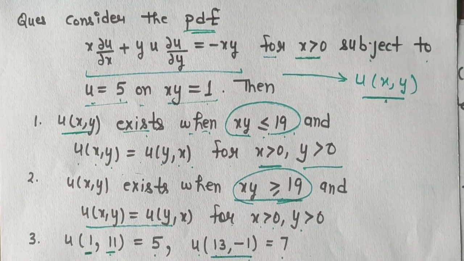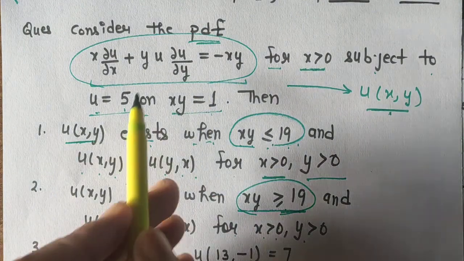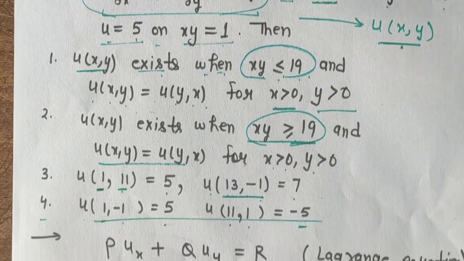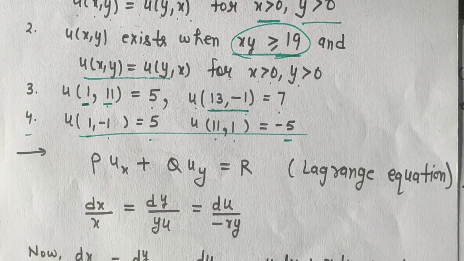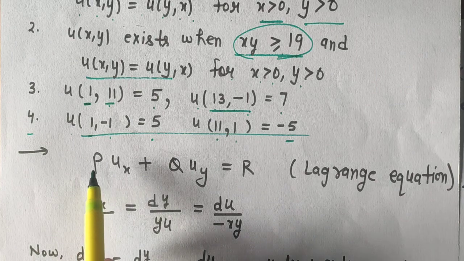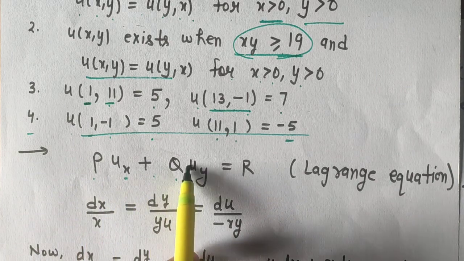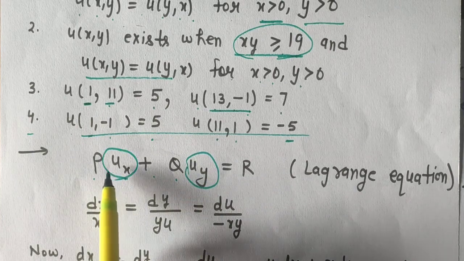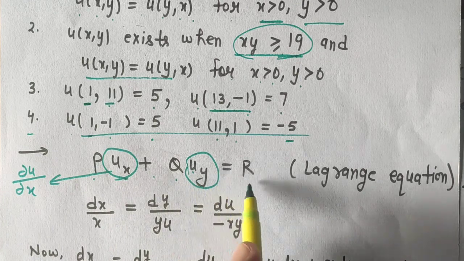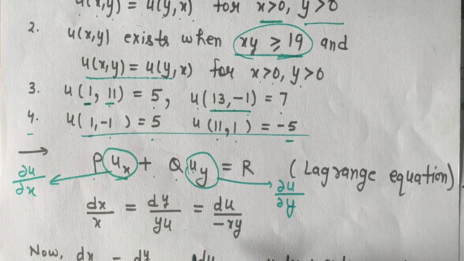So first of all we have to solve the partial differential equation. This type of partial differential equation we can solve by the Lagrange equation. The Lagrange equation is p ∂u/∂x + q ∂u/∂y = r, where ∂u/∂x represents the partial derivative of u with respect to x, and ∂u/∂y represents the partial derivative of u with respect to y.